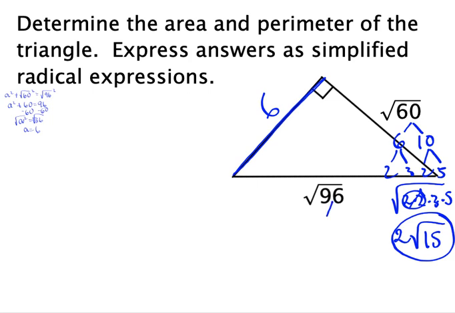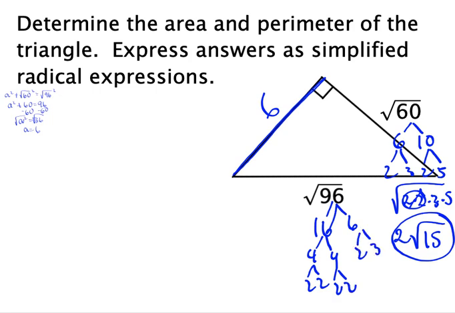96. 96 is 16 times 6. 16 is 4 and 4. Each one's 2 and 2. The 6 is 2 and 3.